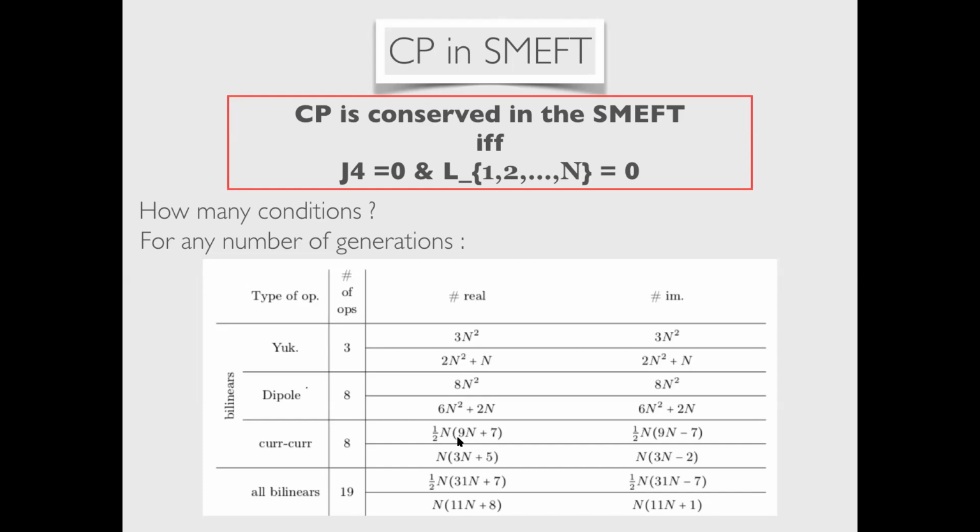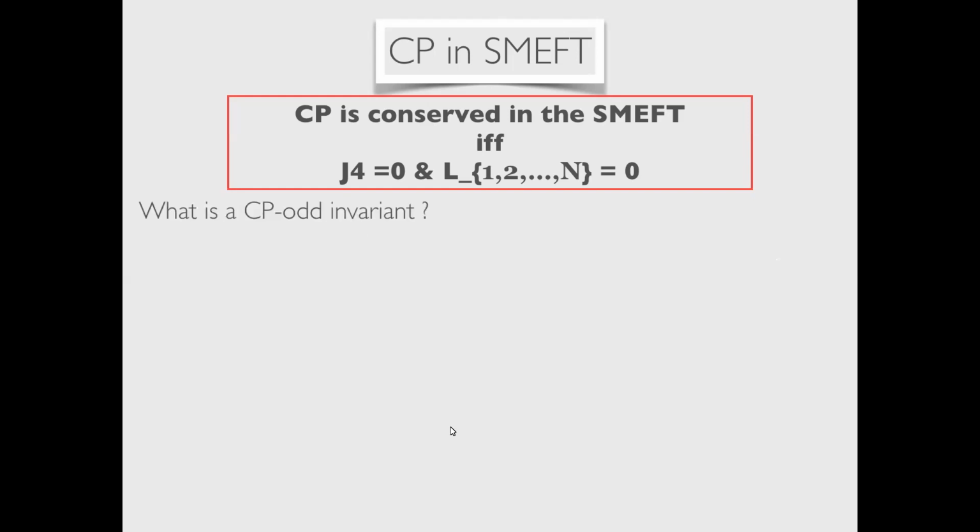Right. Okay. So now I will try to build invariants which fulfill these conditions. First, I should probably discuss what a generic CP-odd flavor invariant looks like. So for instance, you can take this specific SMEFT operator that couples two Higgses and left-handed quarks and ask what the conditions are for this operator to be CP violating.